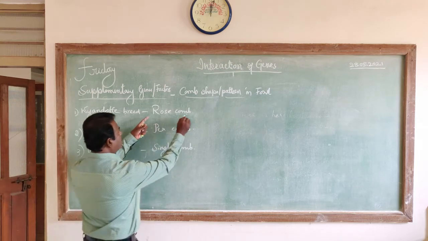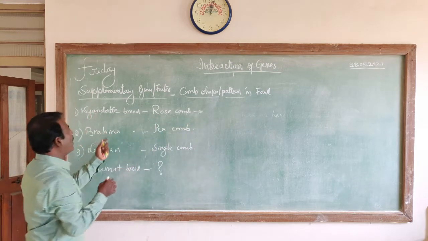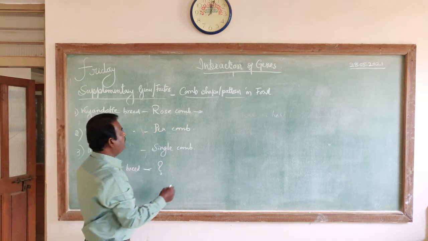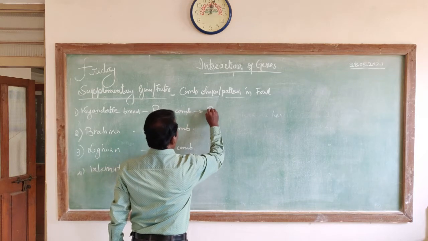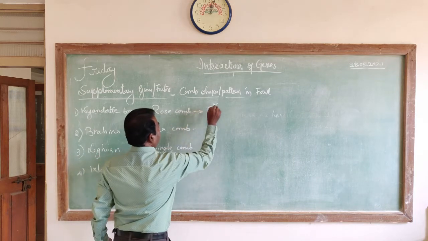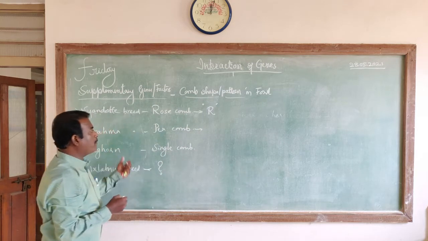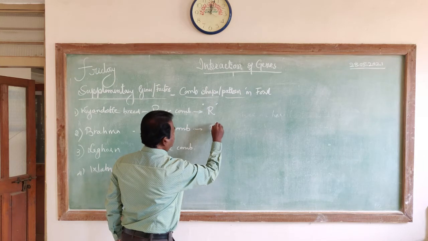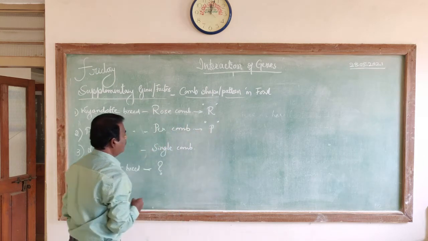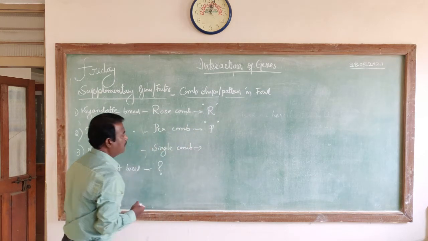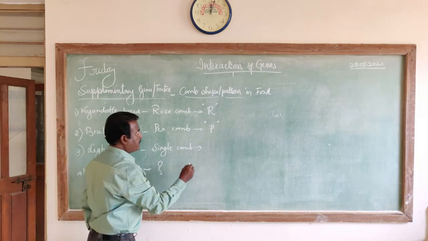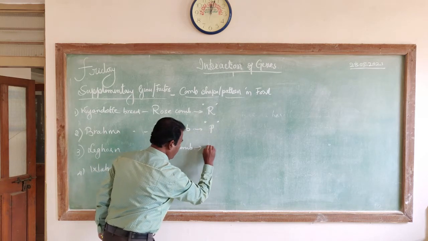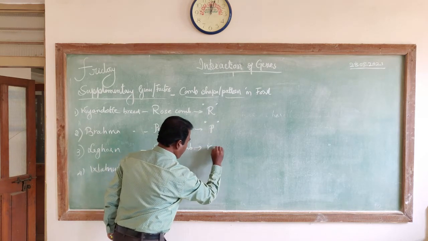Okay, to express this rose comb pattern in Vandote, definitely this is a kind of trait, and it is expressed by a gene called capital R. Then the pea comb in Brahma breed is expressed by another gene, that is capital P. Single comb is expressed by the recessive forms of capital R and capital P. They are small r and small p.